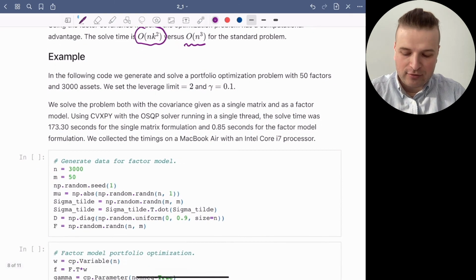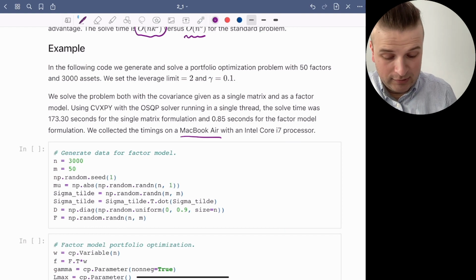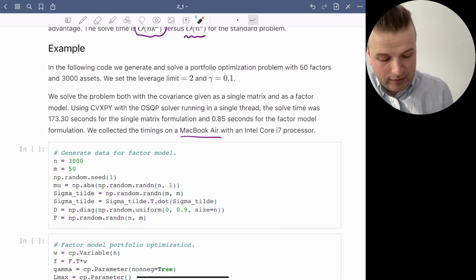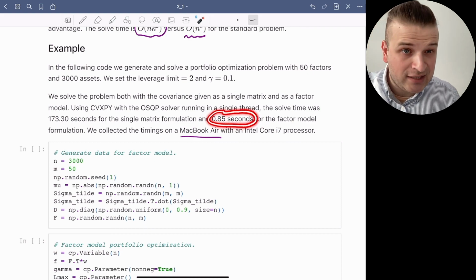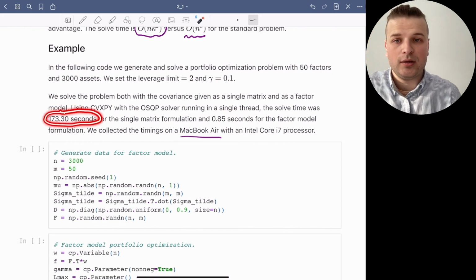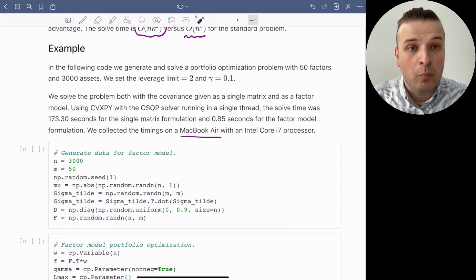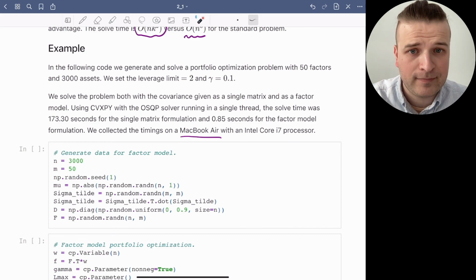And in the particular example here that was carried out on a MacBook Air, an old MacBook Air, you'll have this number of seconds for the factor model and this for the full model, which was not modeled in a factor way.